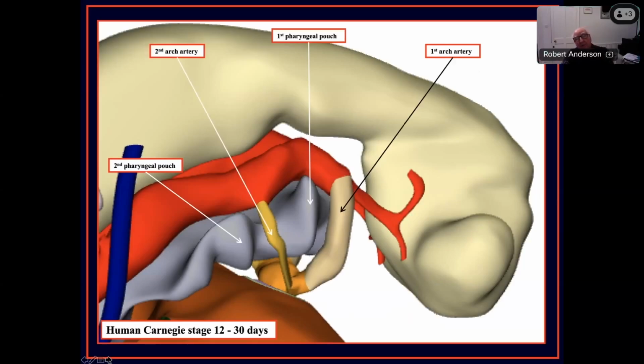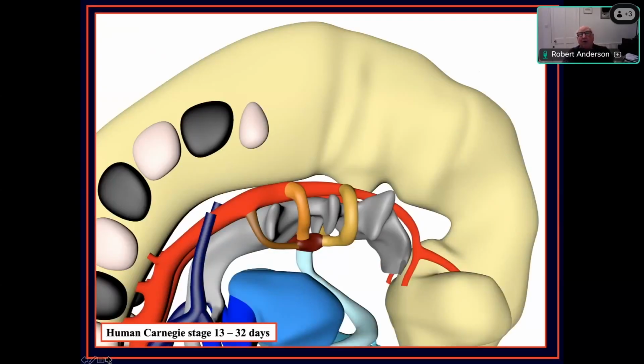But development and remodeling is very rapid at this early stage of development. So here we are, 30 days, Carnegie stage 12. We can move on one stage, and as I told you in my introductory presentation, a Carnegie stage is equivalent to about 2 days of development. So now we're in the 32nd day.